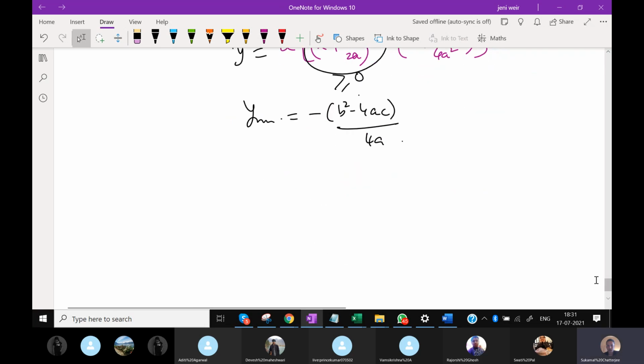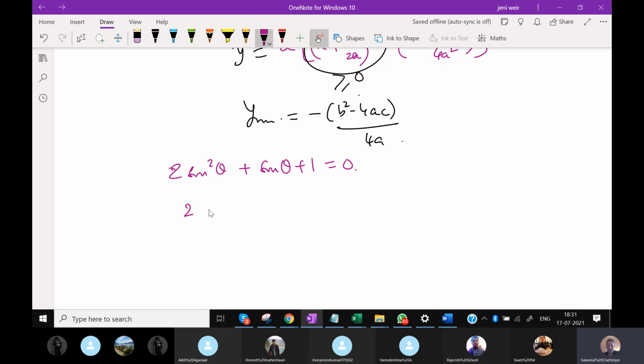And in case of trigonometric functions, for example, 2 sine square theta plus sine theta plus 1, equal to y. Here also you have to apply the same rule. You have to find the maxima and minima.